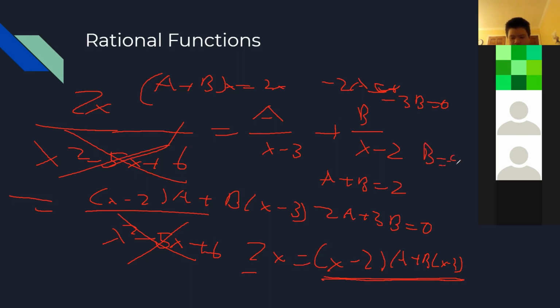You can substitute a plus b into this, which is very convenient. So b equals -4, and a is 6. So 6 over x minus 3 plus -4 over x minus 2 equals 2x over x squared minus 5x plus 6.